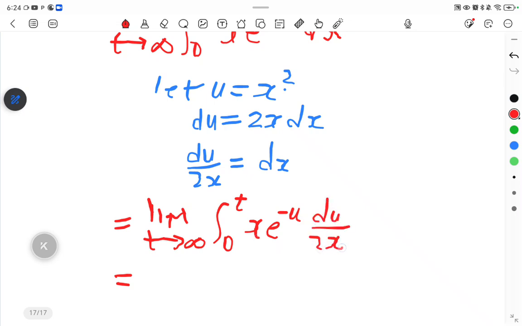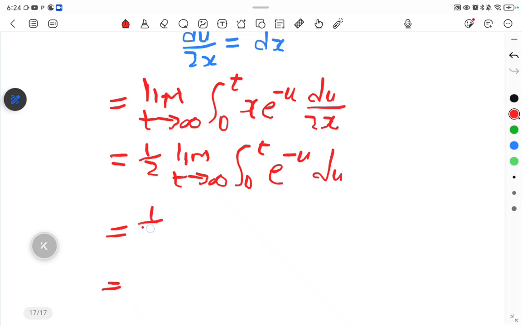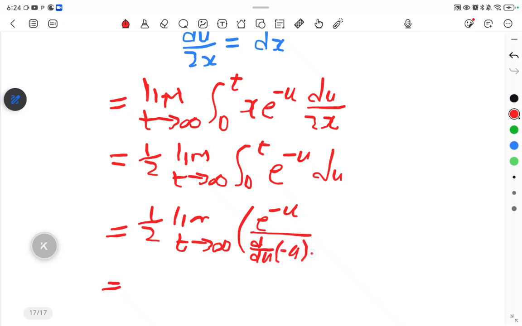I take out the 1 over 2 of the limit as t approaches infinity of a to the minus u du. Then we know how to integrate that, right? Then we integrate it. It's a to the minus u over the derivative of minus u times ln a, which is the base.